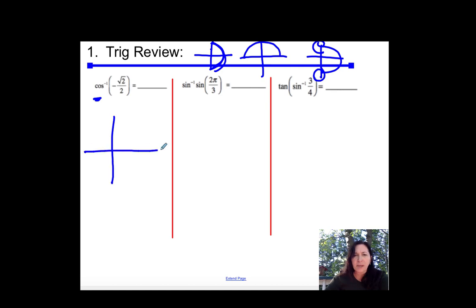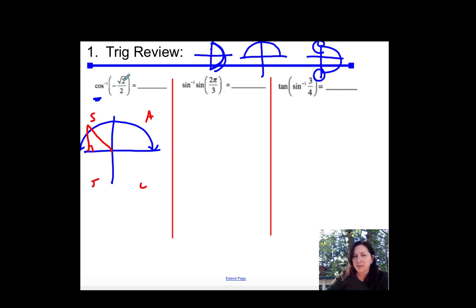So if you are in these two quadrants only, because those are my restrictions, and I'm trying to find -√2/2, remember that in the first quadrant, all students take calculus, all are positive, but in the second quadrant, sine is positive, which means cosine is negative. So therefore, right here is what I'm looking at.